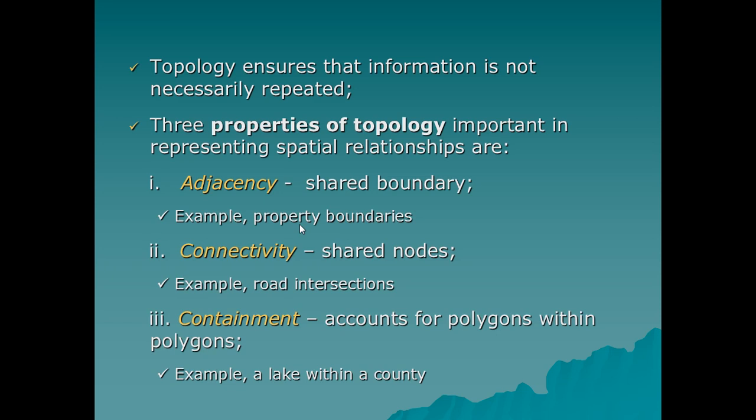No, you only need to have one wall. Then connectivity refers to the sharing of nodes. For example, where we have road intersections, that intersection can be represented by a shared node. And then another property of topology is containment, where we can represent polygons within a polygon, and we looked at an example of this already, a lake within a county.